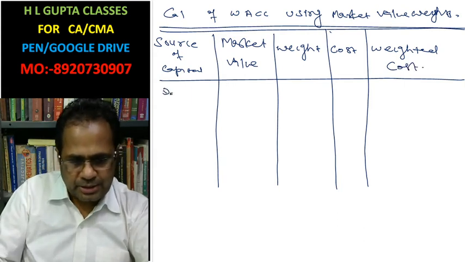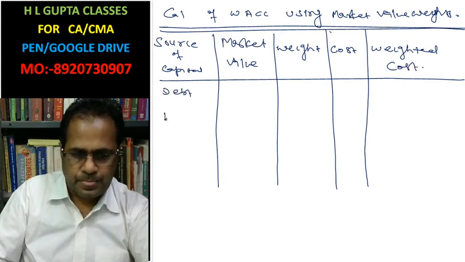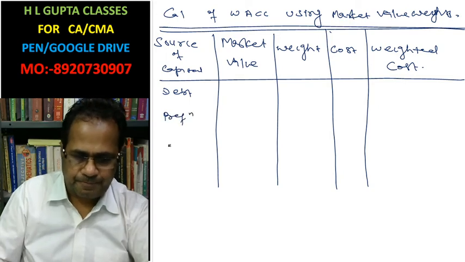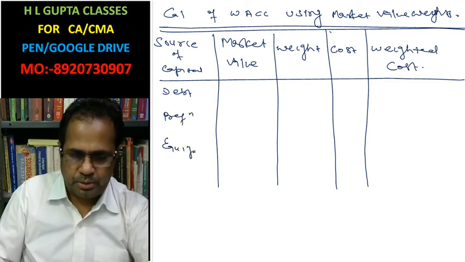Look at it. You write debt, preference, equity.